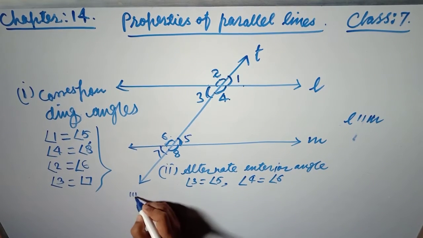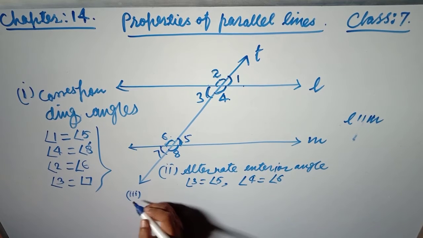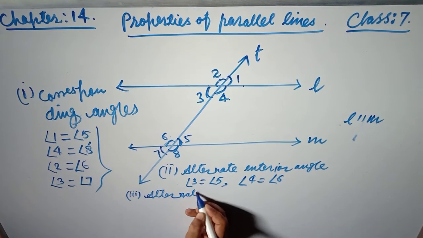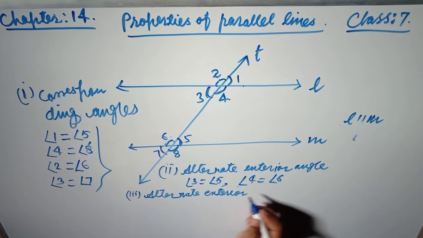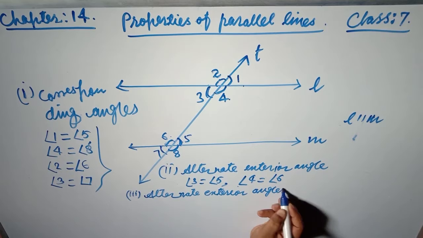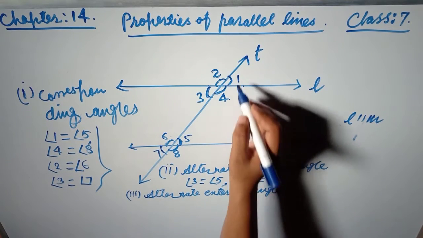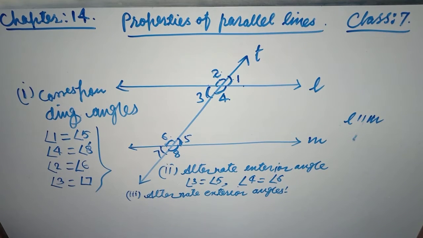Now the third point, alternate exterior angles. Now see friends, alternate exterior. Exterior angles are these two angles, 1 and 2, and 8 and 7 are exterior angles. Now what about alternate exterior?